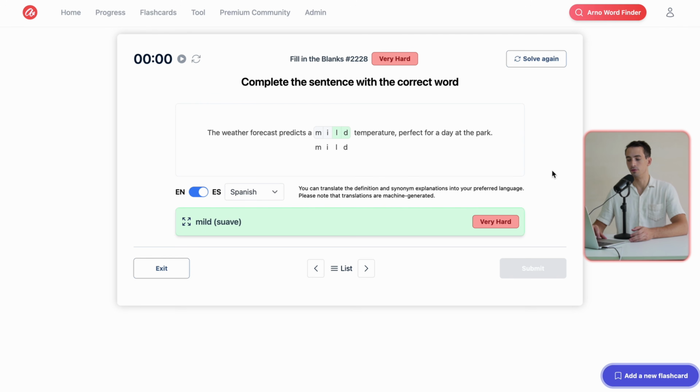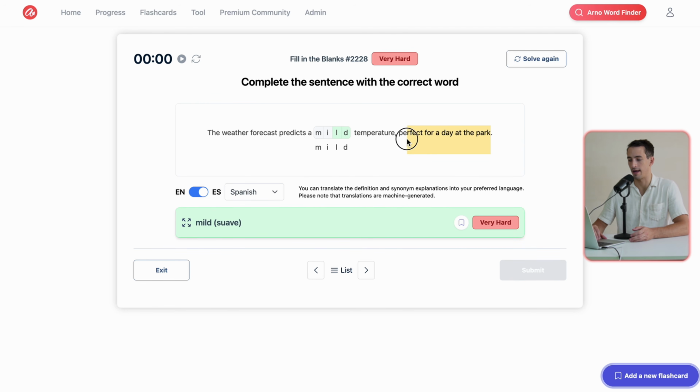So the clue here was this part at the end. Okay, so this perfect for a day at the park was the clue, and what it indicates is I need a word that means this. So I need a word that means perfect for a day at the park.